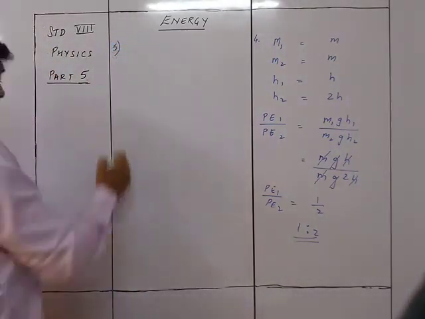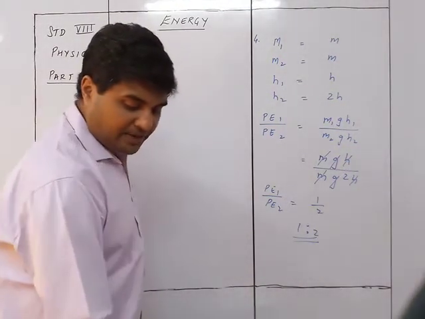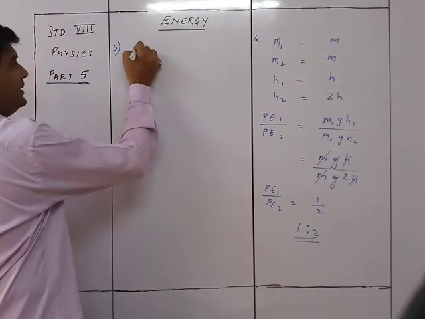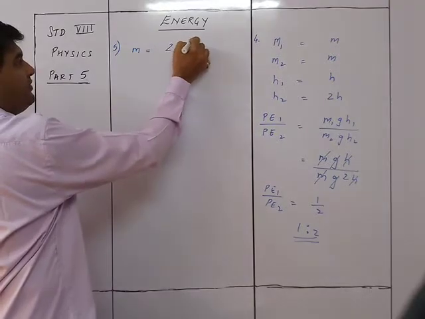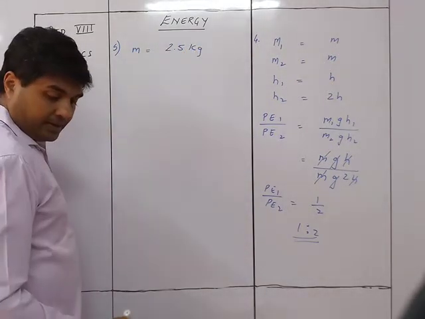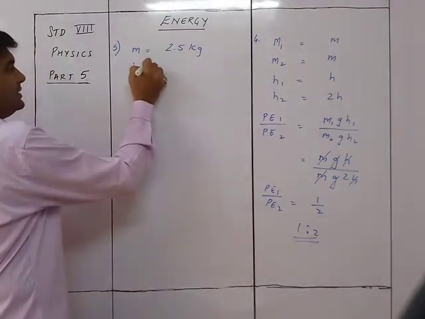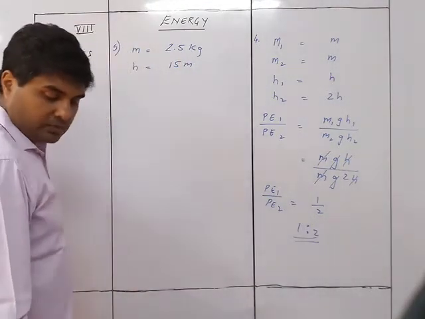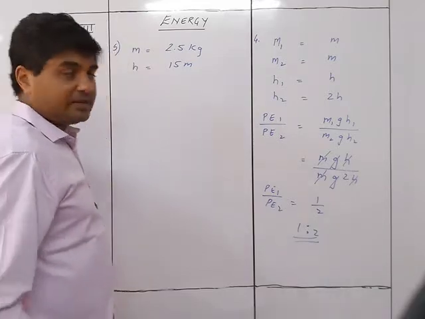Sum number 5. Find the gravitational potential energy of 2.5 kg mass. So mass is given as 2.5 kg kept at a height of 15 meters above the ground. The force of gravity on the mass is 1 kg.